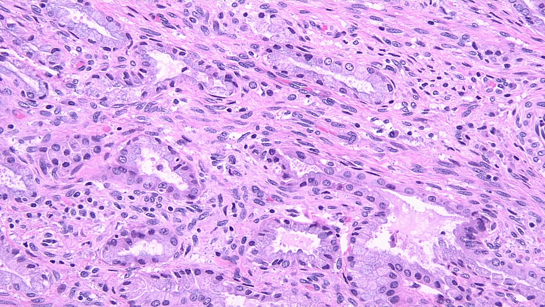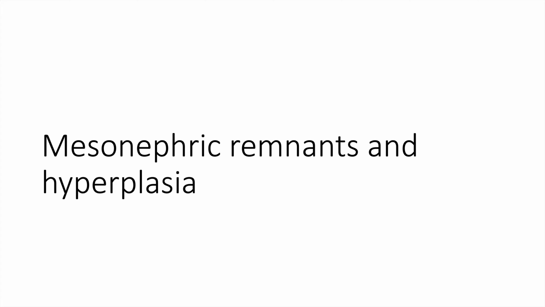The atypical forms of LEGH are associated in some cases with invasive non-HPV related endocervical adenocarcinoma of gastric type, which we'll talk about later in this presentation. So now we'll talk about mesonephric remnants and hyperplasia.